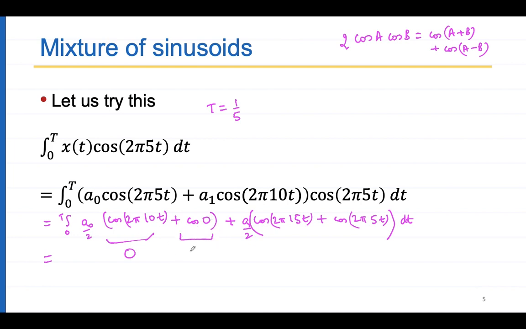So it becomes A0 by 2 times capital T. And this part is again 0 because it's the integration over the whole period. So overall, what do I get?